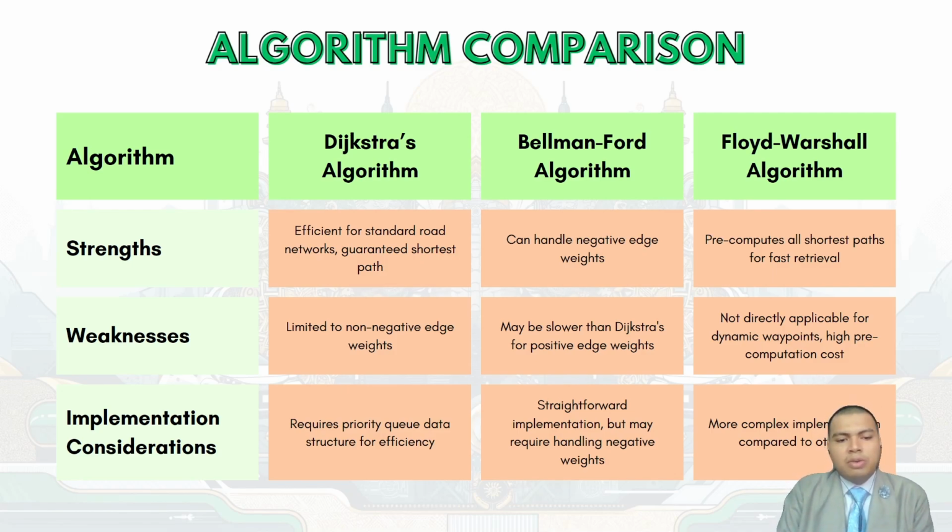For implementation considerations, Dijkstra requires a priority queue data structure for efficiency. Bellman-Ford is a straightforward implementation but may require handling negative weights. And Floyd-Warshall is a more complex implementation compared to the others.